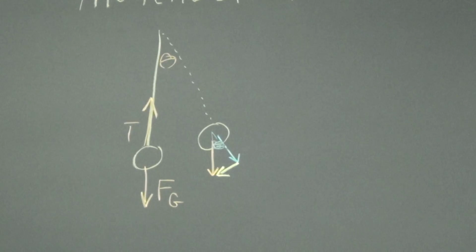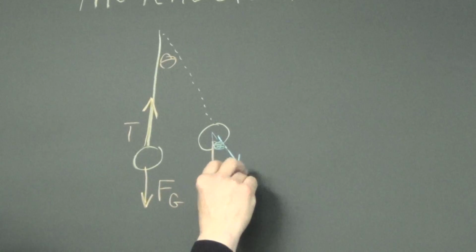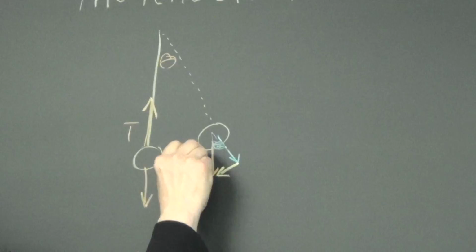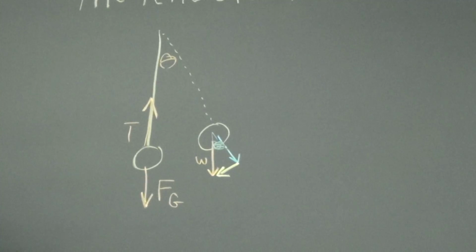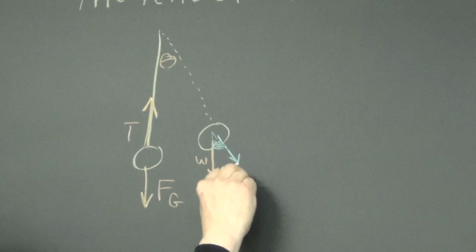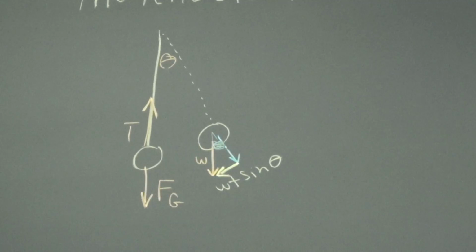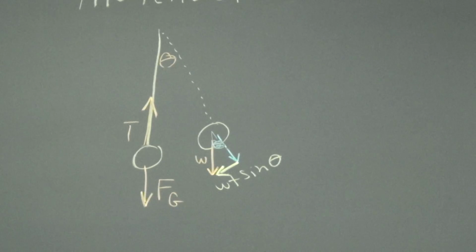So with that, this yellow vector has a length. If this is weight, we'll call this weight, or W, it'll be weight sine theta. And this one would be weight cosine theta. I'm not interested in the blue one.